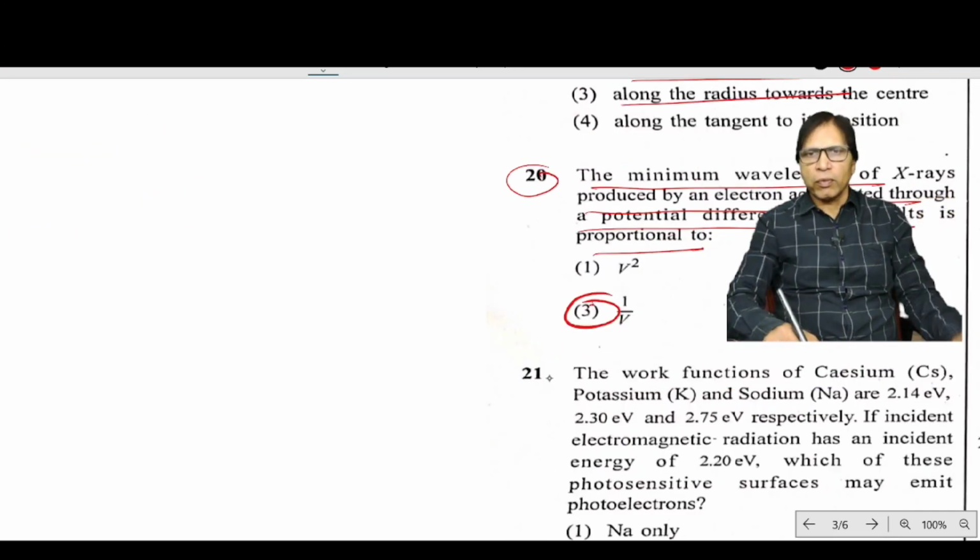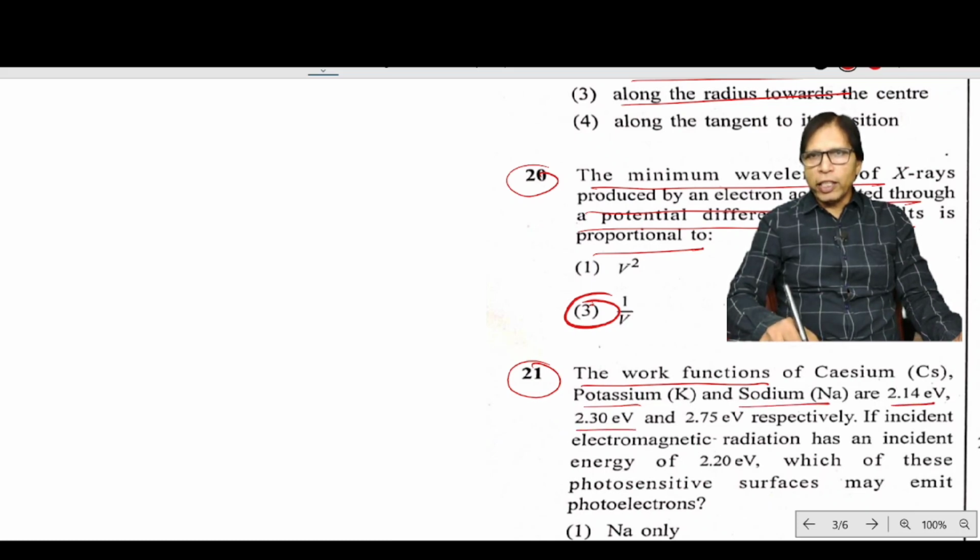Look at question 21. The work functions of cesium, potassium and sodium are 2.14 electron volt, 2.3 electron volt, 2.75 electron volt. The incident electromagnetic radiation has an energy of 2.2 electron volt.